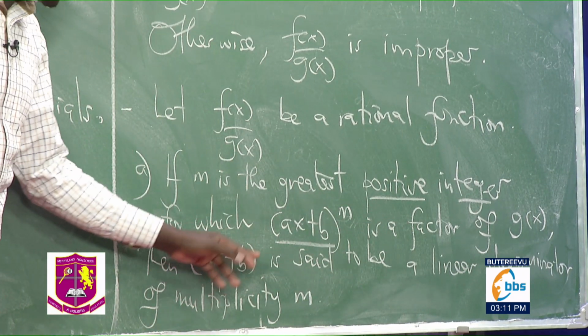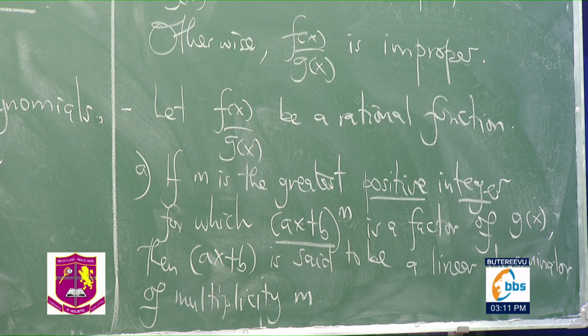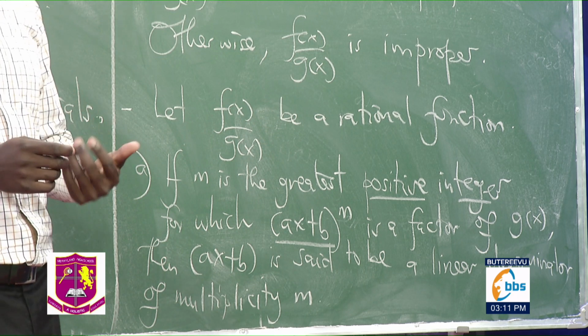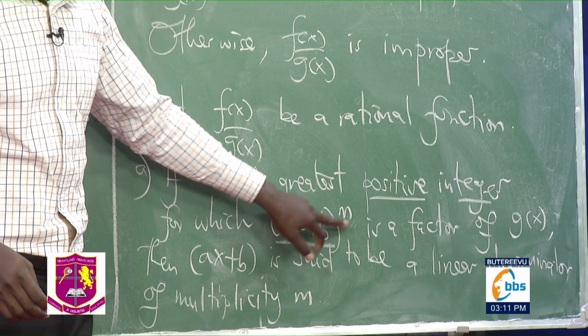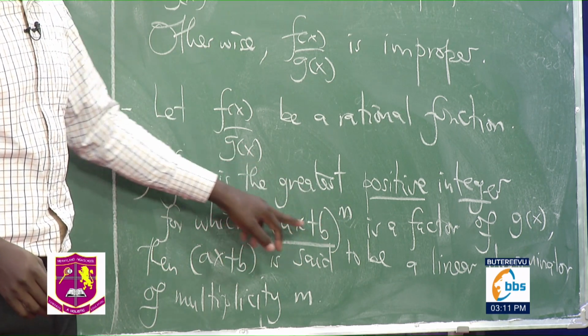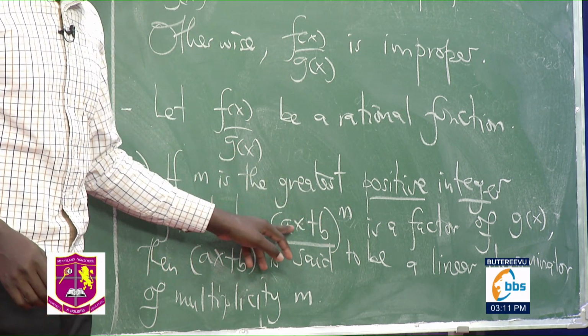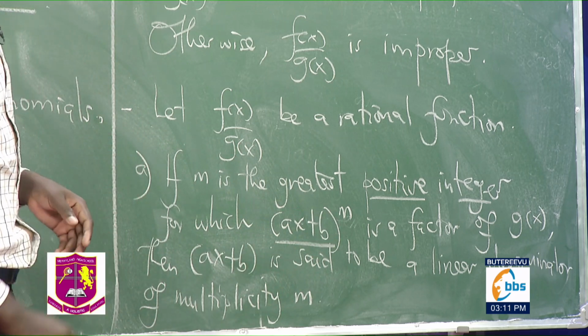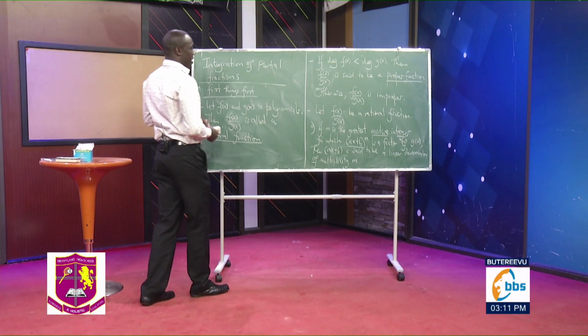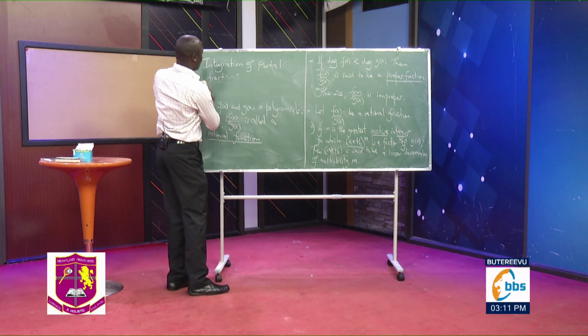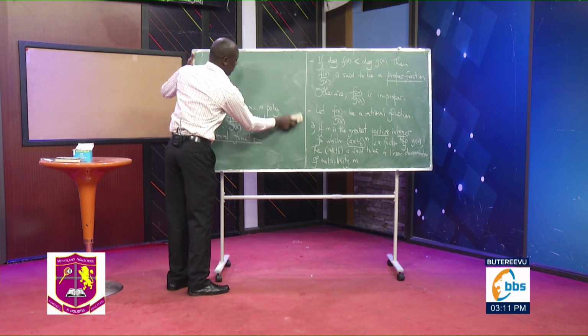This is a linear function. A linear function is basically a polynomial of degree 1. So the moment there is such a factor of g of x in the denominator, we say it's a linear factor of multiplicity m. We shall pick a few examples to understand most of these things.